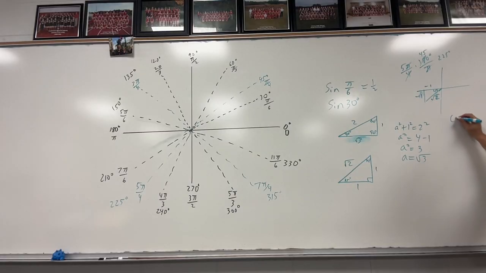So let's say we want to know the cosine of this angle. Well, the cosine of, again, this would be 5 pi over 4, is cosine SOHCAHTOA. Cosine is adjacent over hypotenuse, so it's -1 over the square root of 2, which would become this negative square root of 2 over 2.